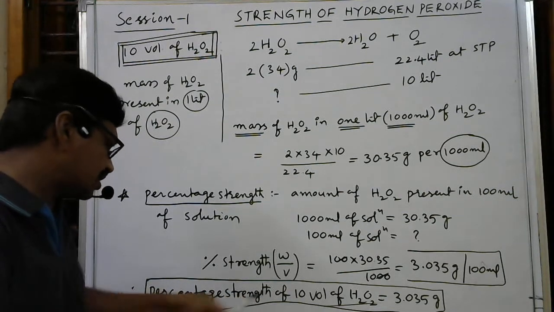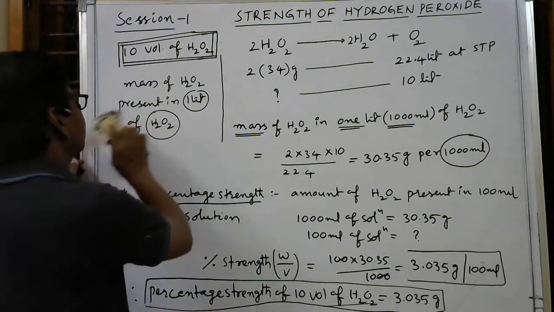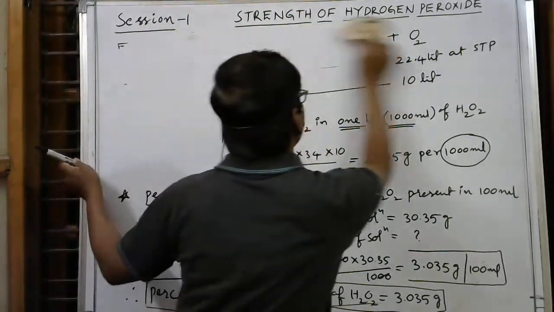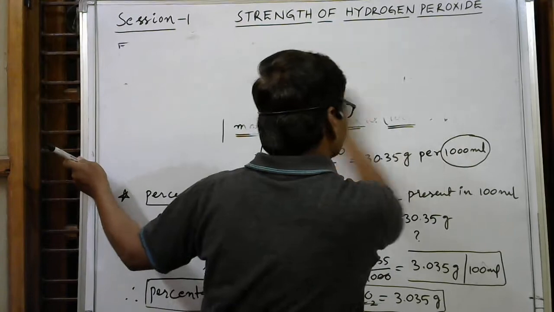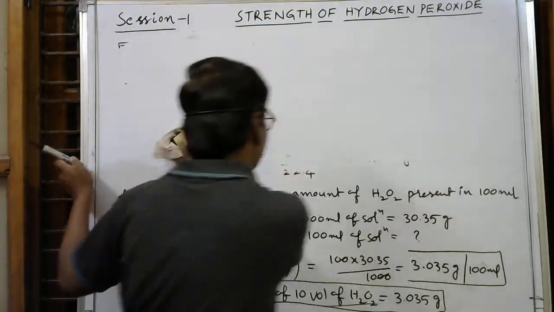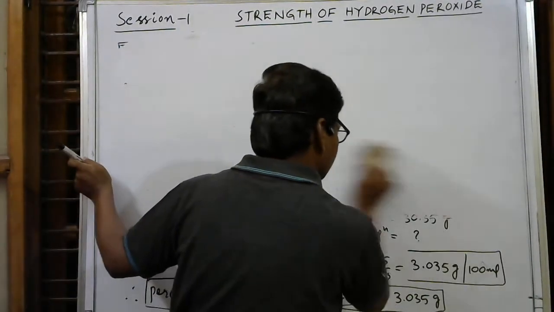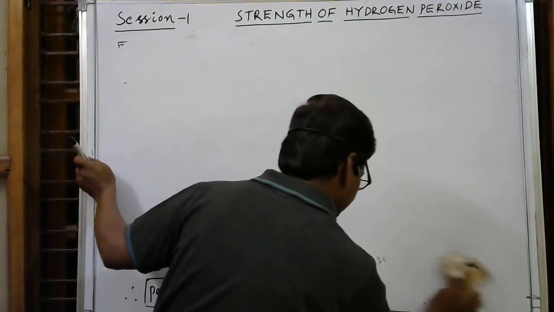Then I am converting these things into different values. Lastly, I will give one tabular form related to 20 volumes, 30 volumes, 100 volumes, with molarity, normality, all those things.